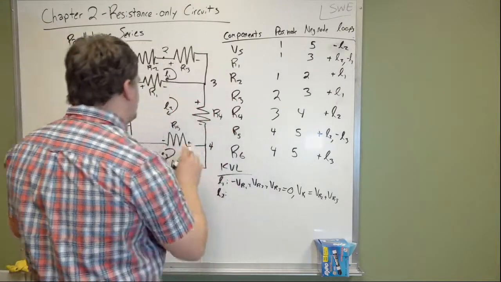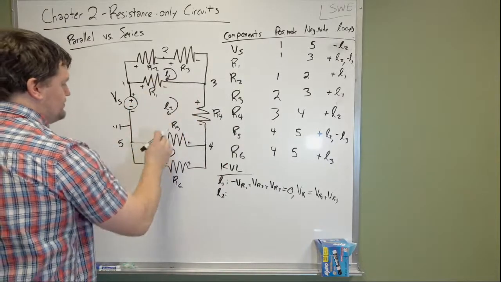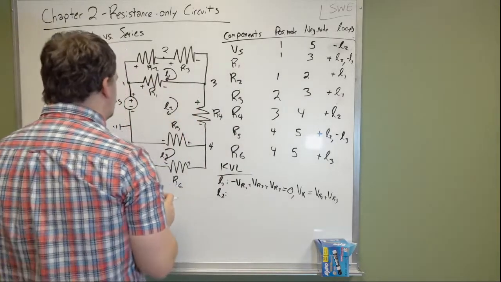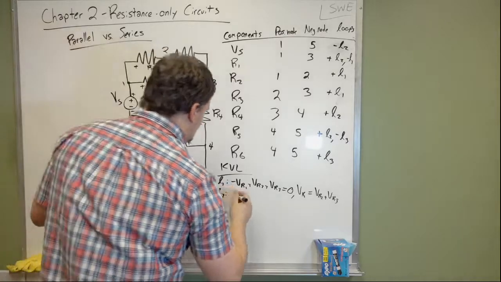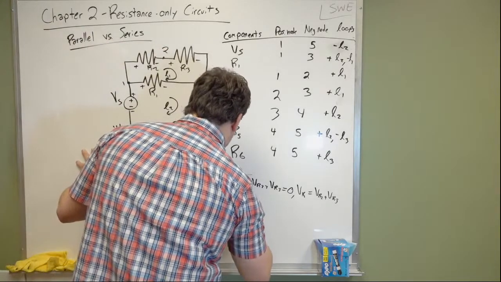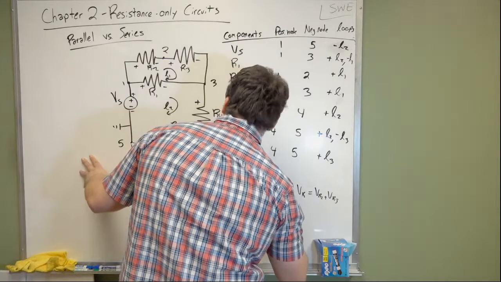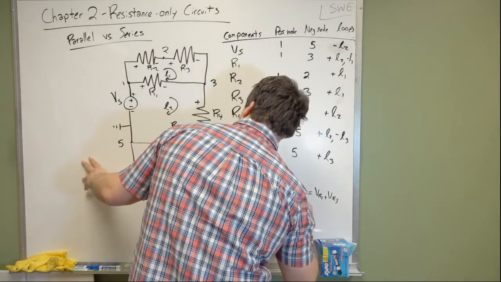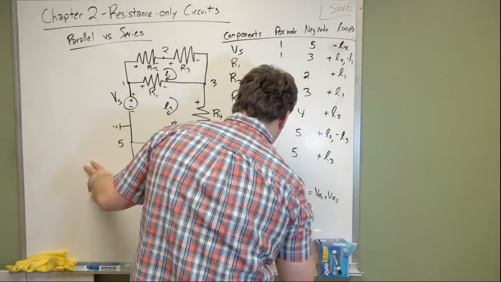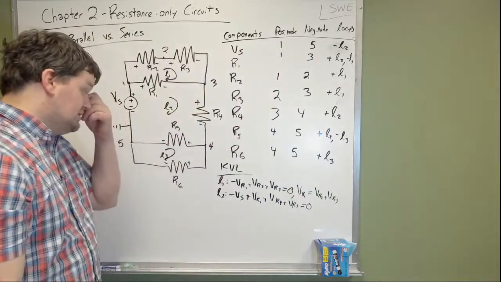For loop 2, here we have 1, 2, 3, 4 components. So what we end up with is negative Vs plus VR1 plus VR4 plus VR5 is equal to 0. Okay?